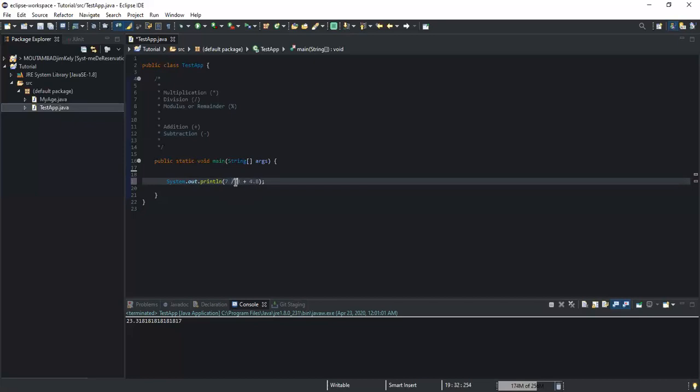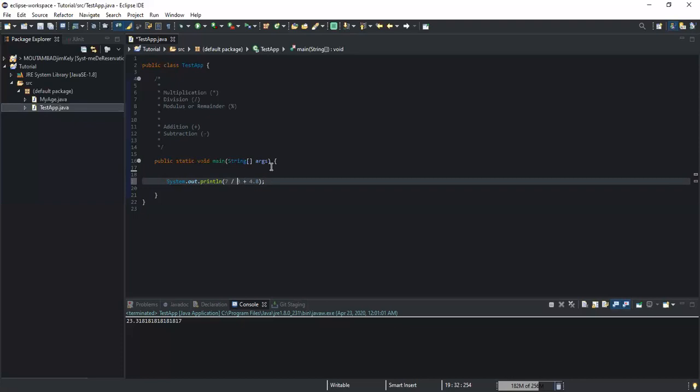7 divided by 3 plus 4.8. With this order of precedence, 7 divided by 3 is going to give us 2, because these two are integers.